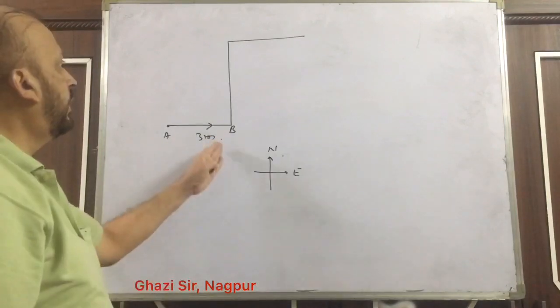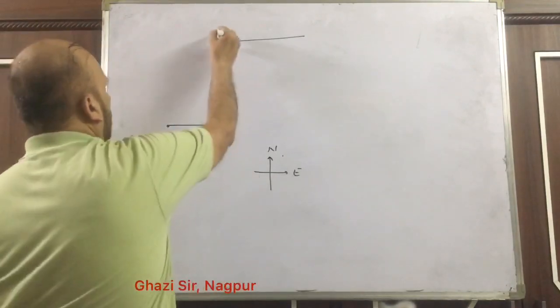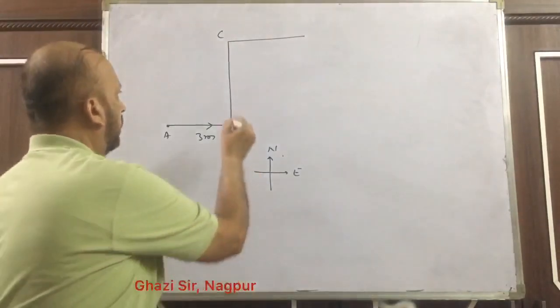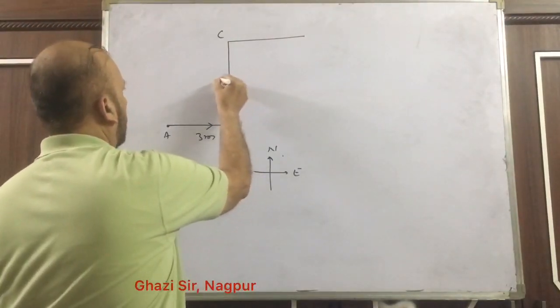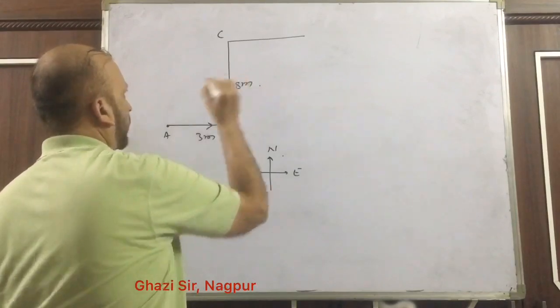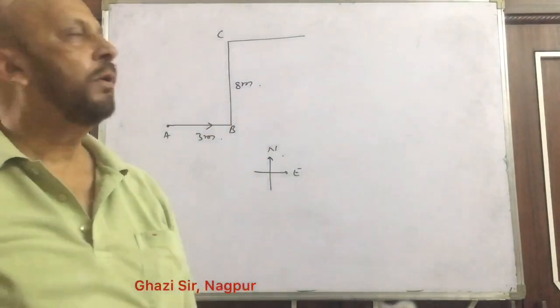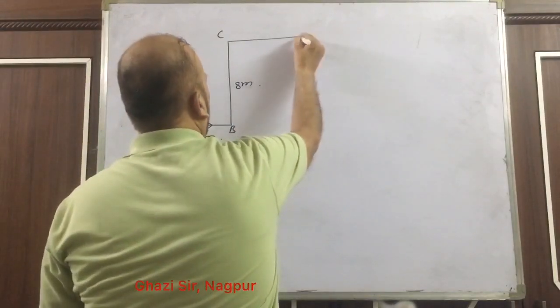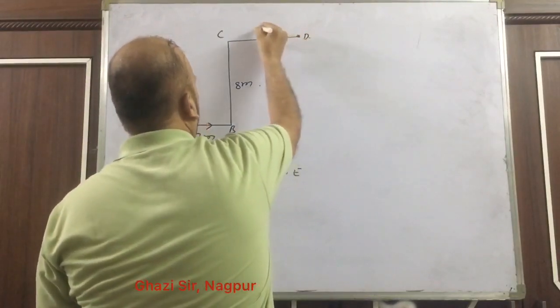Then from B to C towards north, say 8 meter. Then again it turns towards east up to D, again say 3 meter.